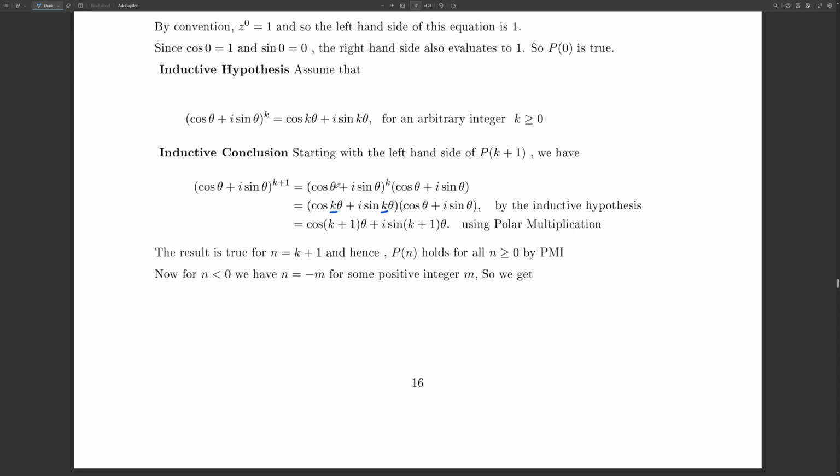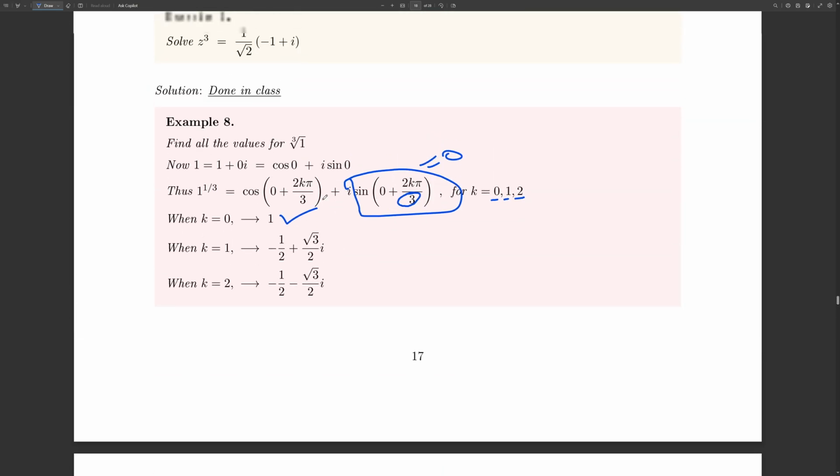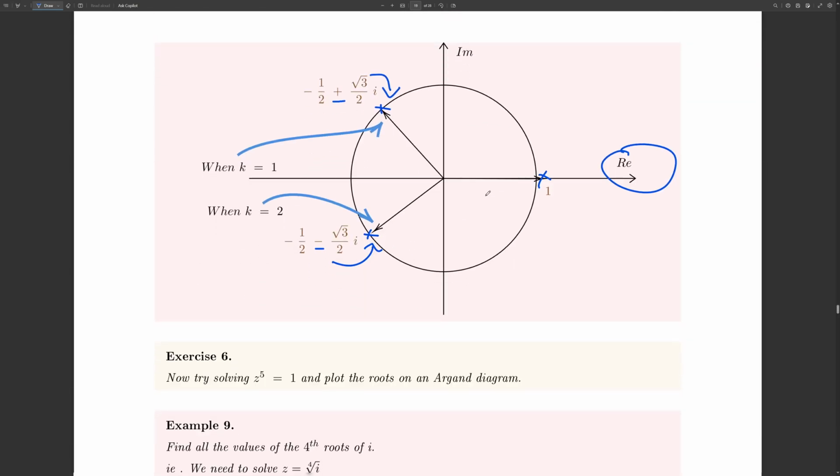What does k represent here in our De Moivre's theorem? k tells me how many times we go around the circle, when we find our different angles using k equal to 0, 1, 2, and so on, depending on how many powers we have. Previously we had 3 here, so we have 3 points.